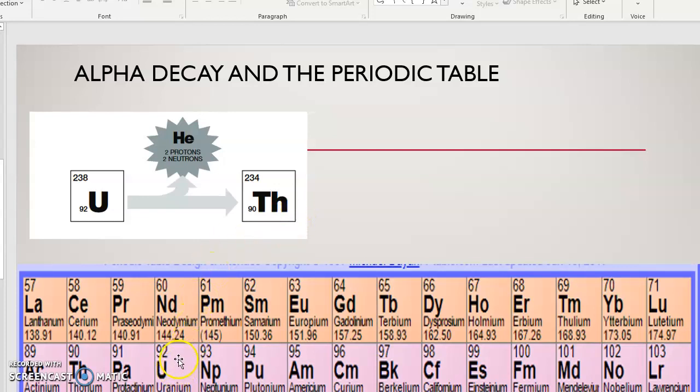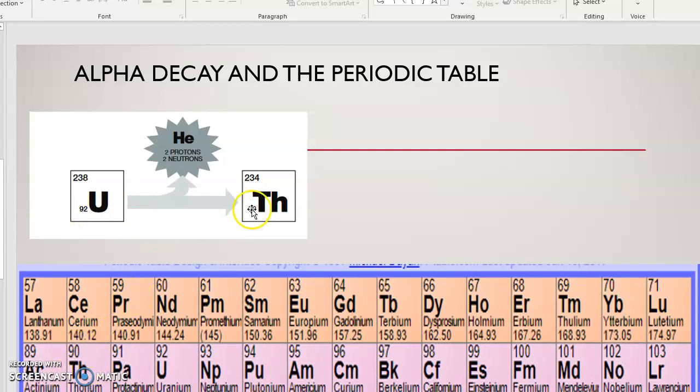If you know what element you are, and in this case it's uranium, and you're going through alpha decay, you automatically know that you are going to be losing 2 protons, and that means we're moving down the periodic table of elements. Remember, if we have 92 protons because we're uranium, and we go through alpha decay, which means I'm losing 2 of those protons, then boom, this is how I turn into thorium, 90.